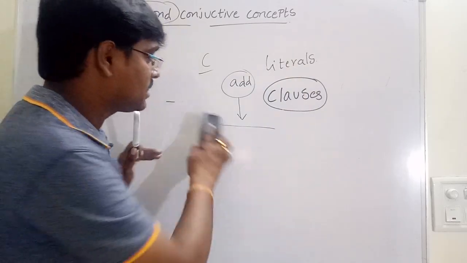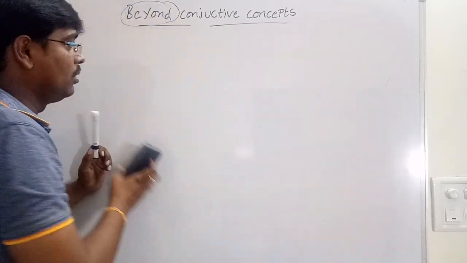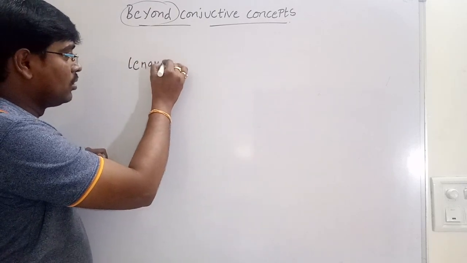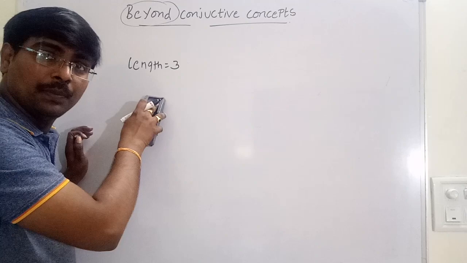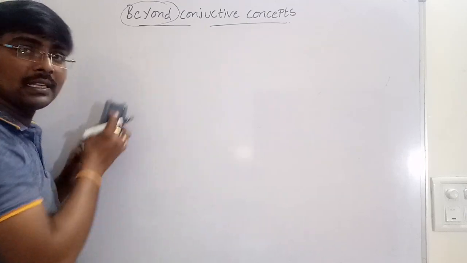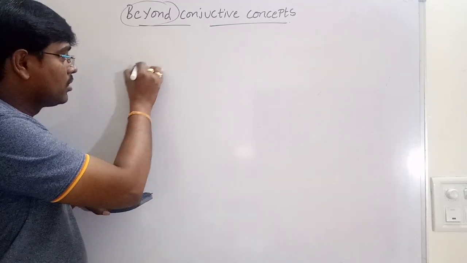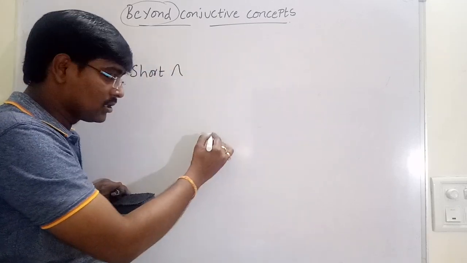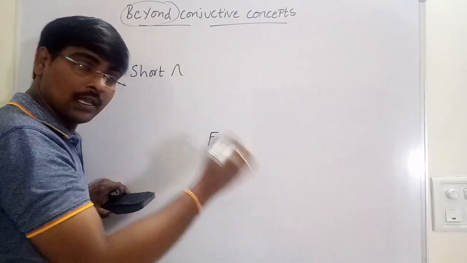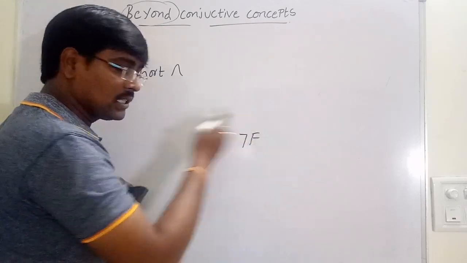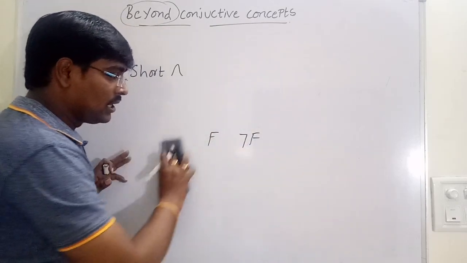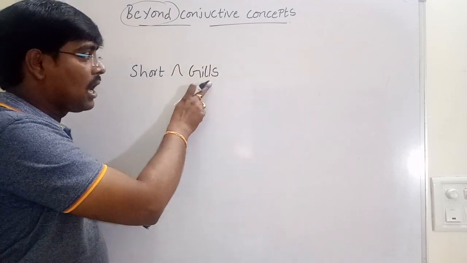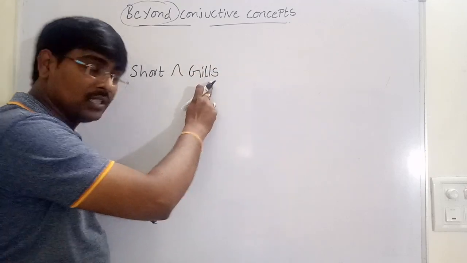For example, just as an example, length is equal to 3 is represented simply as short. And I already discussed, true is represented as f, and the negation is represented as false. For example, if gills is equal to s, it is simply written as gills; automatically the meaning is that the value is s.